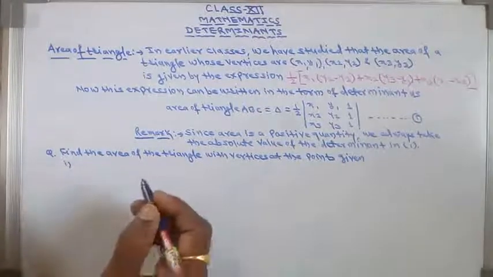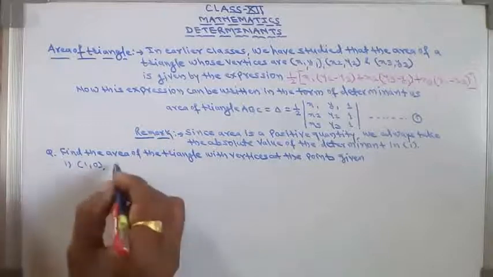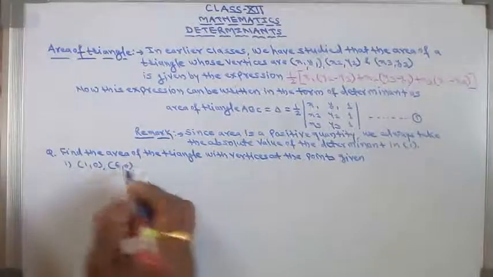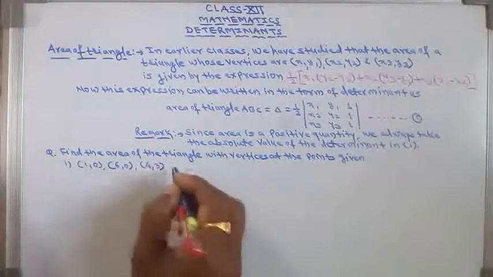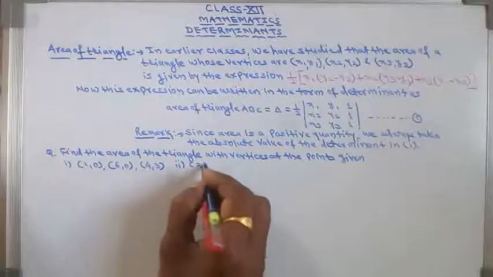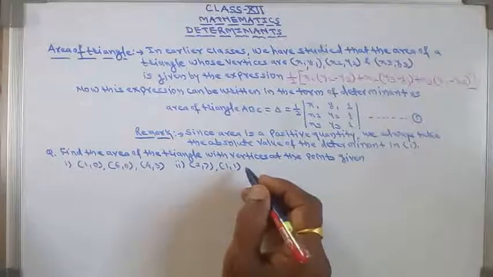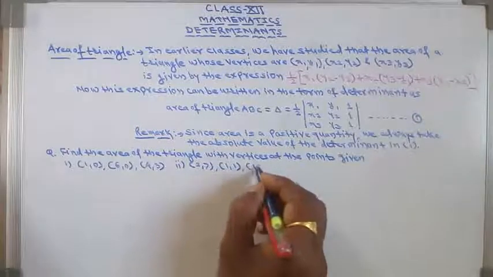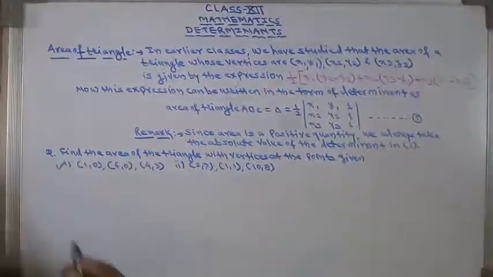Number 1: (1, 0), (6, 0) and (4, 3). I am taking a second example: (2, 7), (1, 1) and (10, 8). So let us solve this first example.